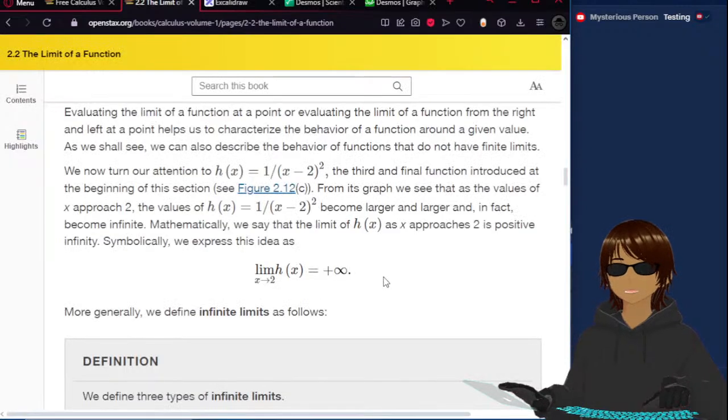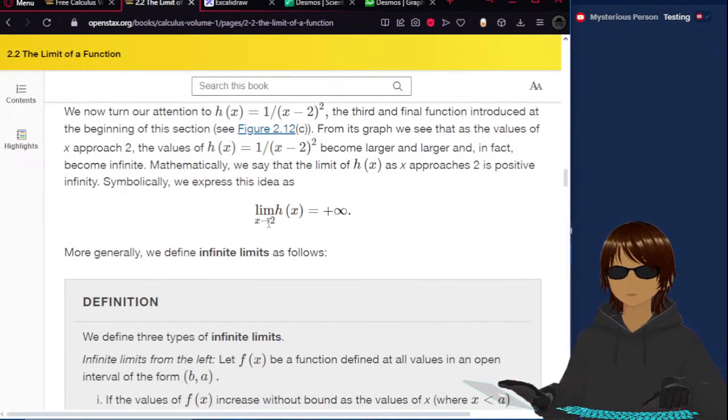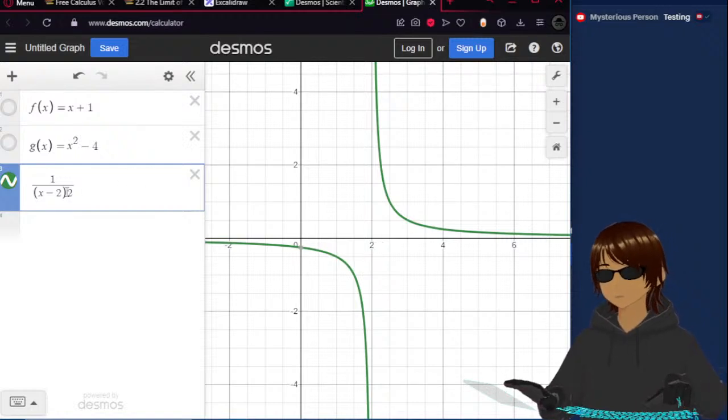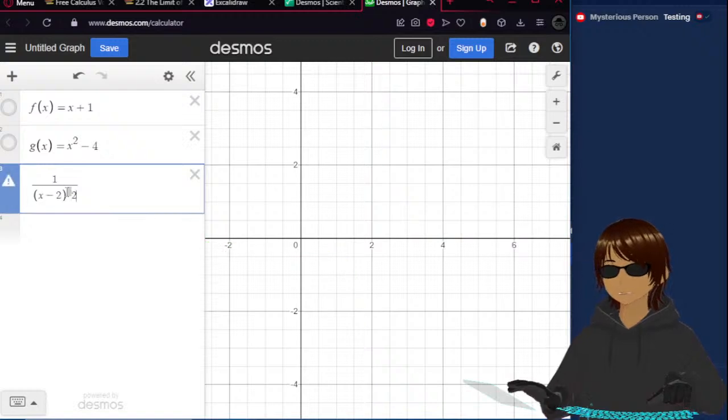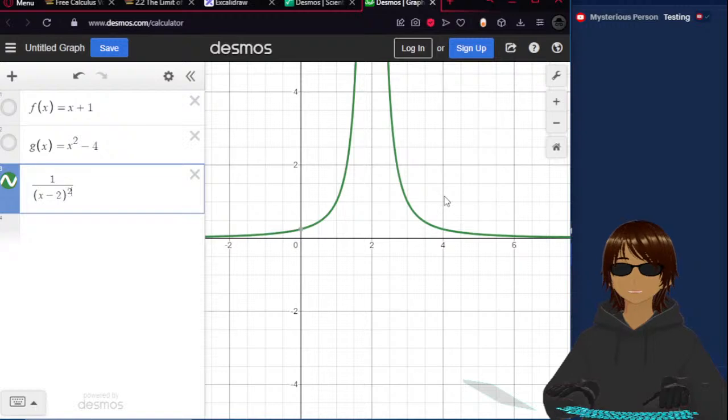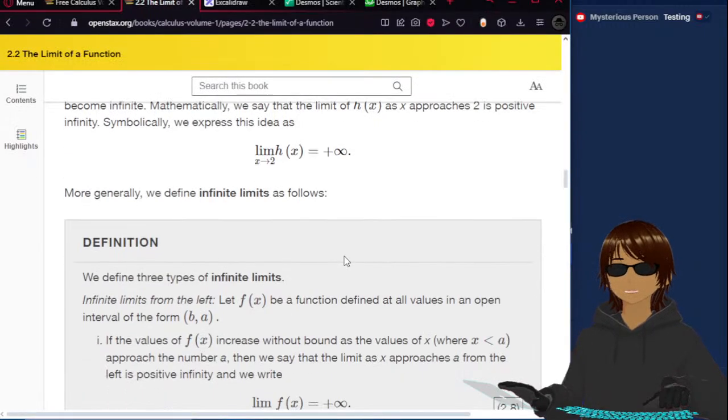And we are evaluating at point 2, right? So at point 2, yeah, it's positive infinity.